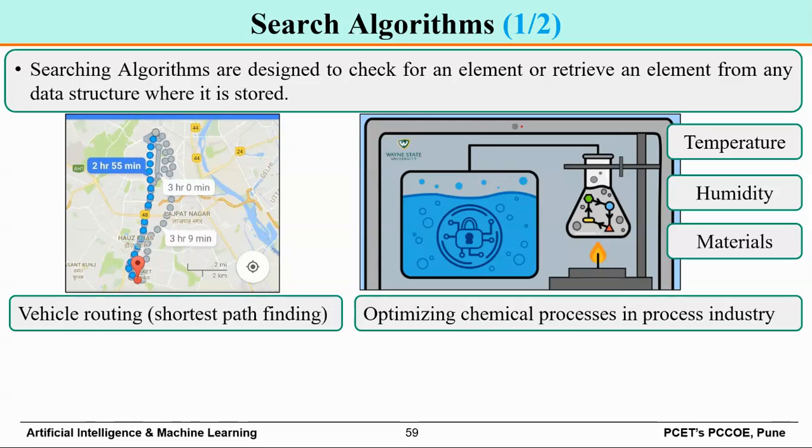So you will have a lot of data, and for that data an algorithm is prepared which tells us, if you have this particular raw material, this particular temperature, humidity, then you will get best quality sugar.